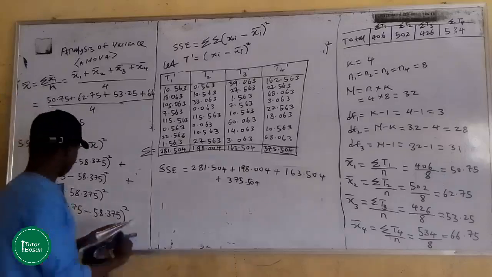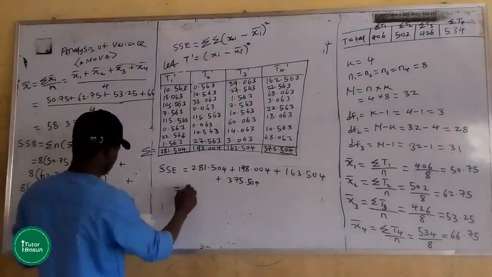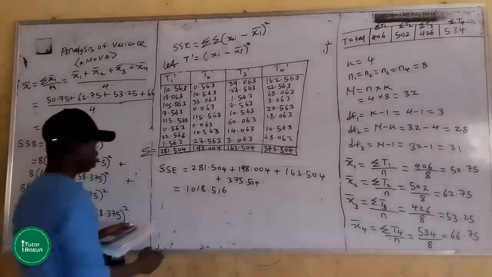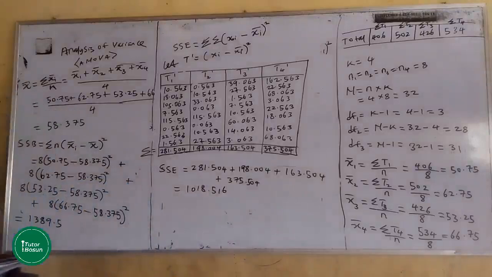So that's giving us 1018.516. So we are going to get our SSB and we are going to get our SSE.